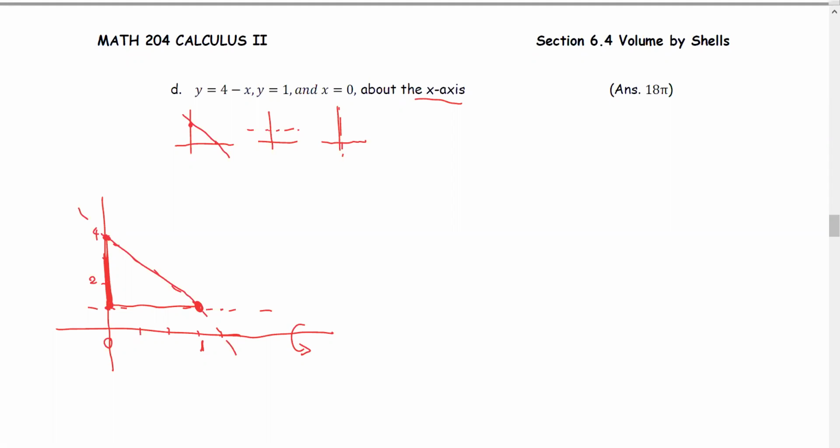By the shell method, we draw the slice or the bar parallel to the axis of revolution. So this is the y position, where the thickness or the width is delta y, and the y value will be between 1 and 4.